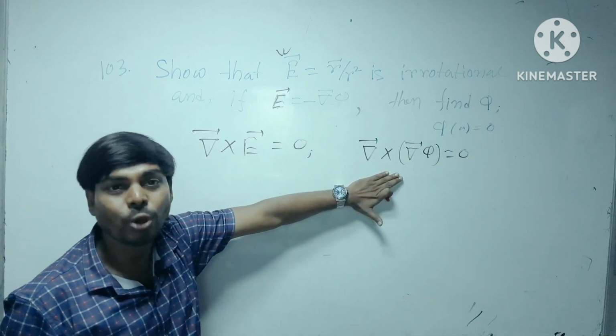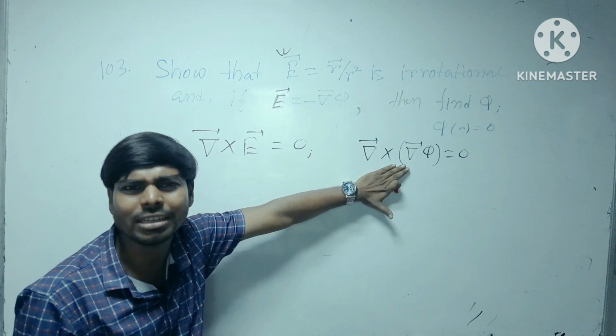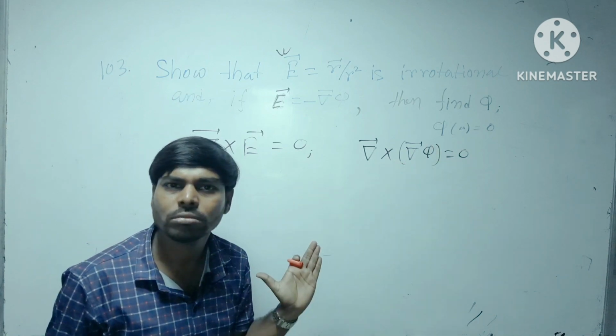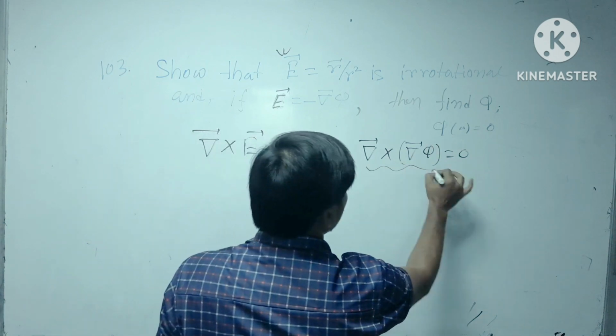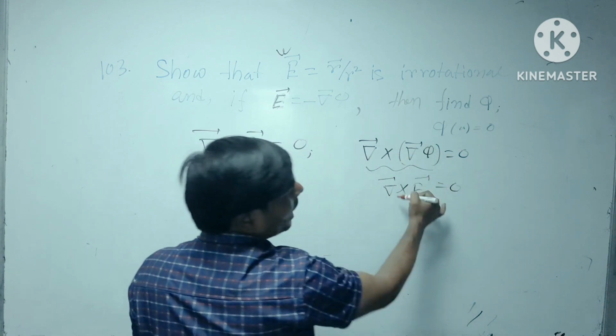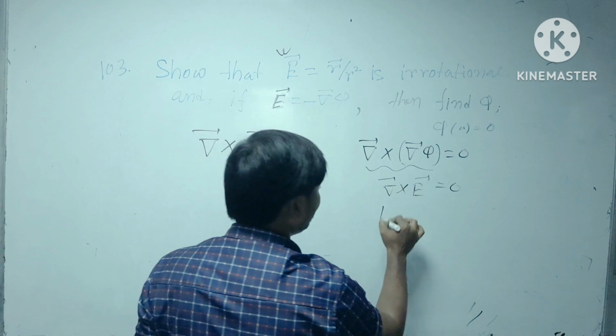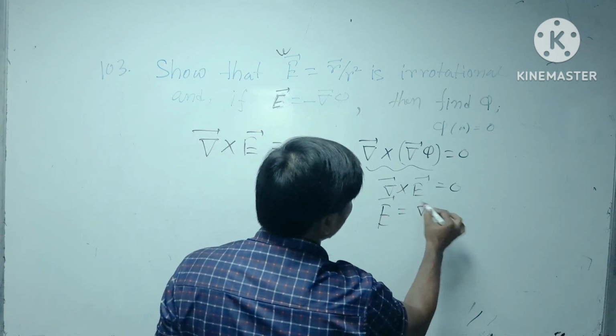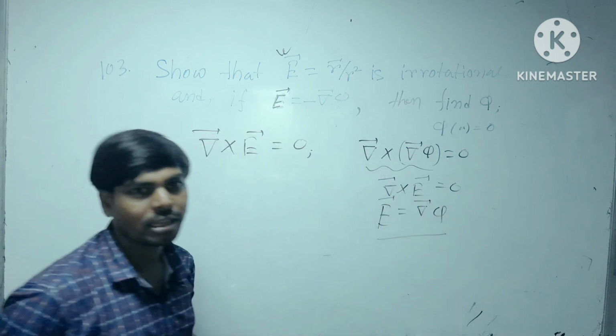We all know that one, you can prove that one easily, curl of gradient of phi is 0. So if we get that curl of E is 0, then by comparing these two we can think that E is equal to gradient of phi.